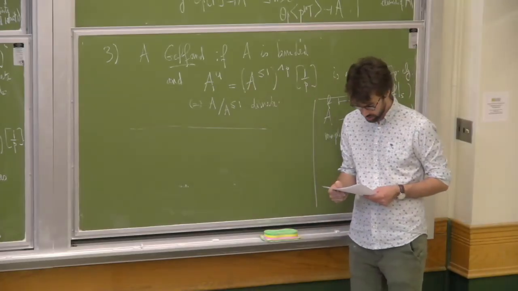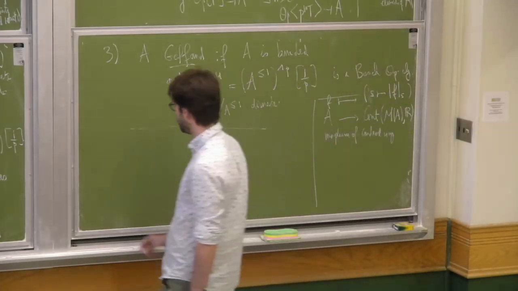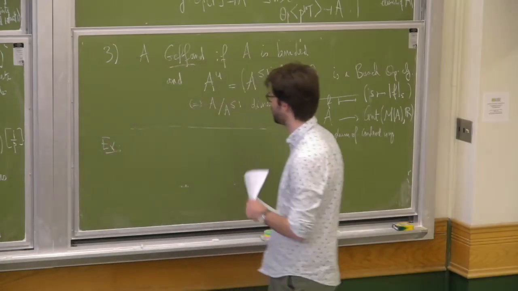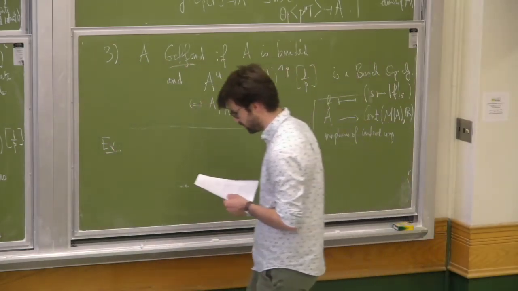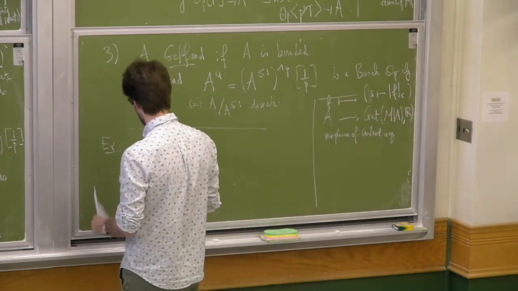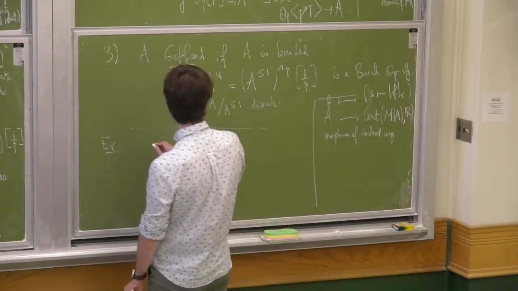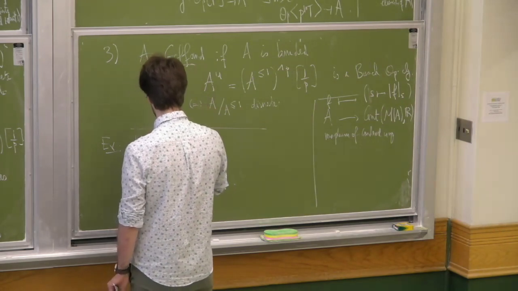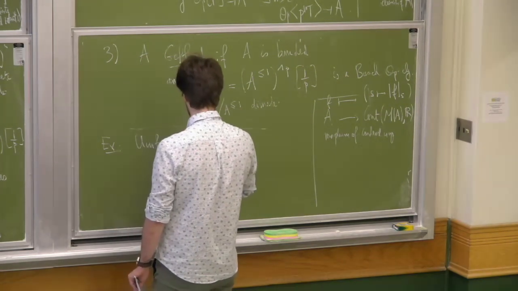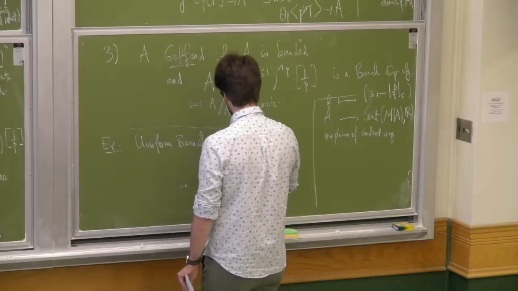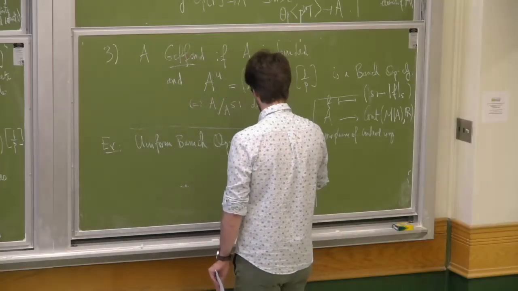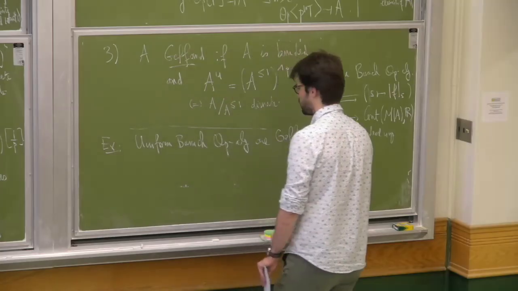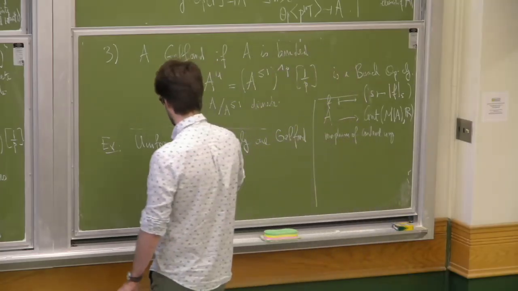We may start. We give examples and non-examples of Gelfand rings. Examples of Gelfand rings are the uniform ones, but also colimits of such.